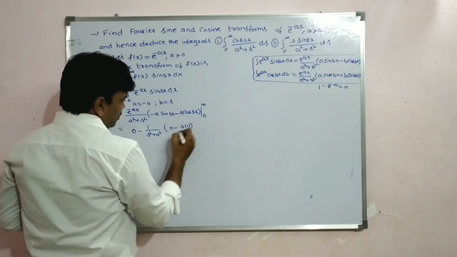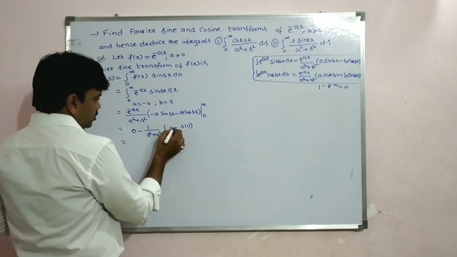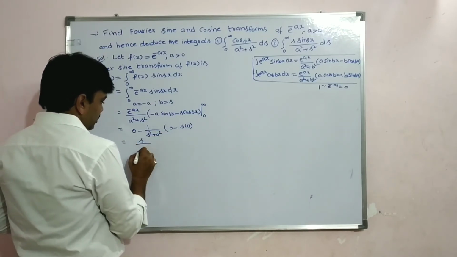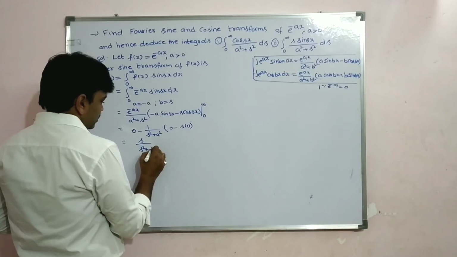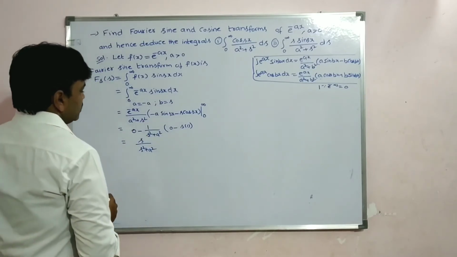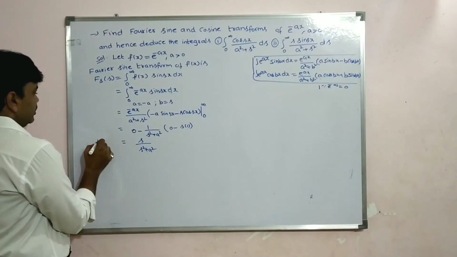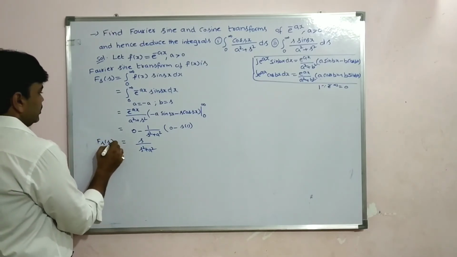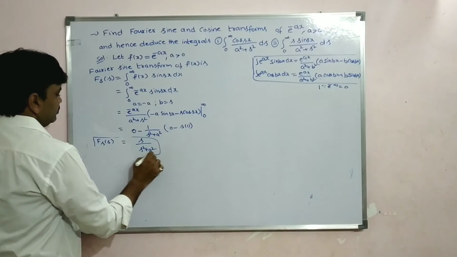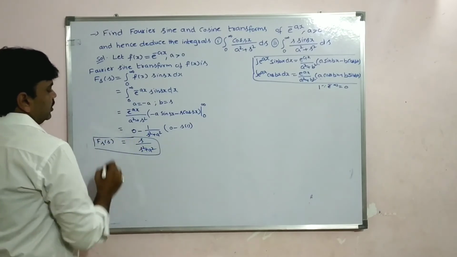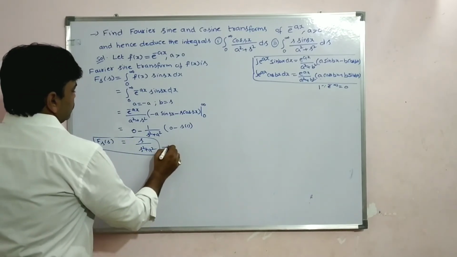So finally I got minus into minus plus s by s square plus a square. This is Fs of s.